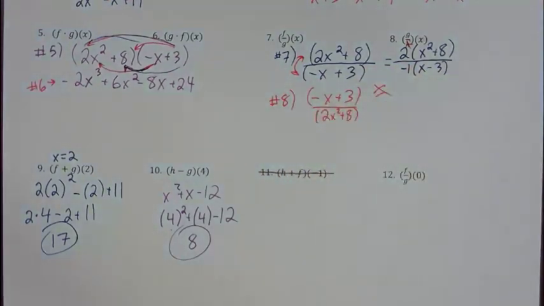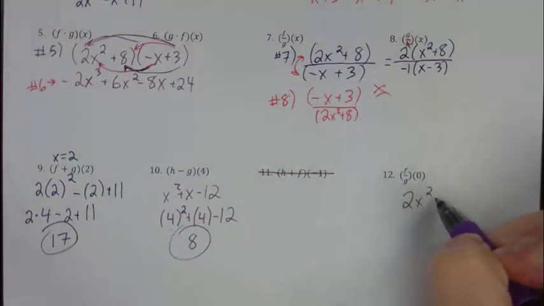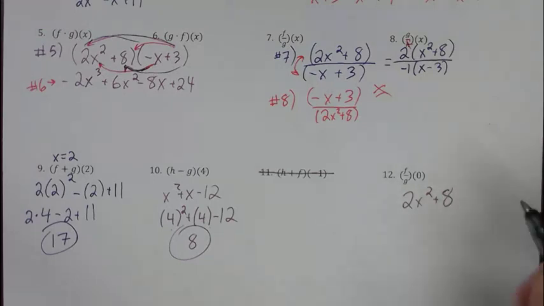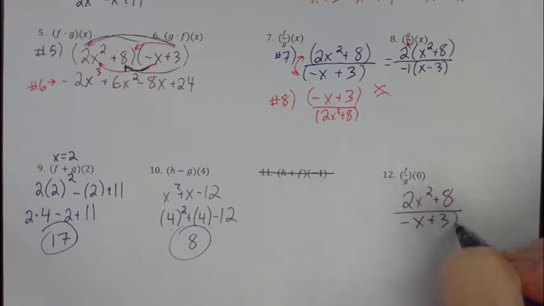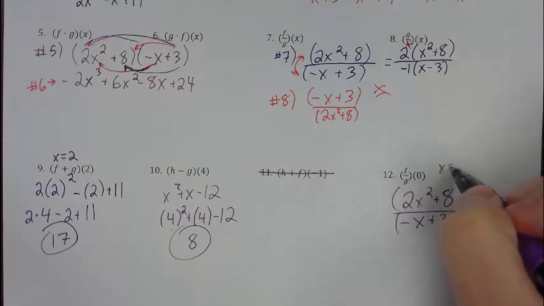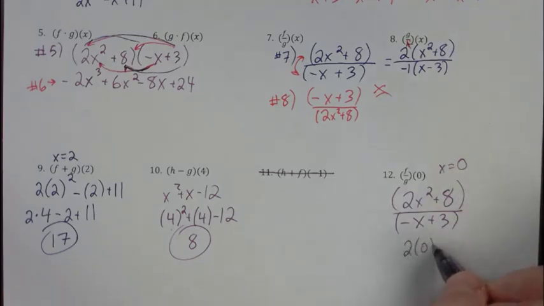So f over g was 2x squared plus 8 divided by negative x plus 3 as a fraction, and we're going to see what we have when x equals 0. That would mean we have 2 times 0 squared plus 8 over negative 0 plus 3.